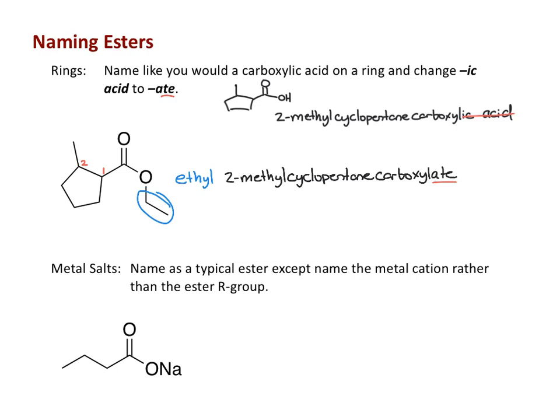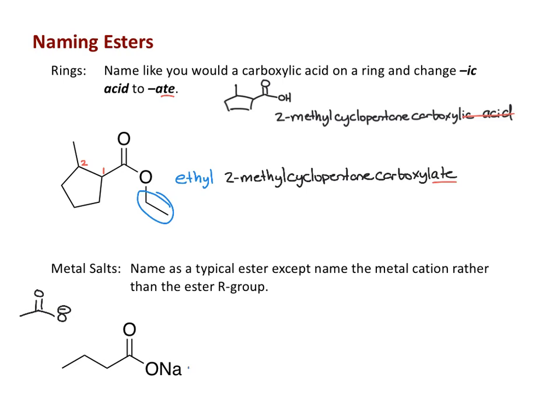Another variation where you can use this nomenclature is if you have a metal cation on the carboxylate anion. So you might remember on several occasions we've called this anion a carboxylate, and that's where this ester nomenclature is derived from. So you're just naming the R group that would be attached to this carboxylate to generate the ester name. We can do this the same way if you have a metal attached.